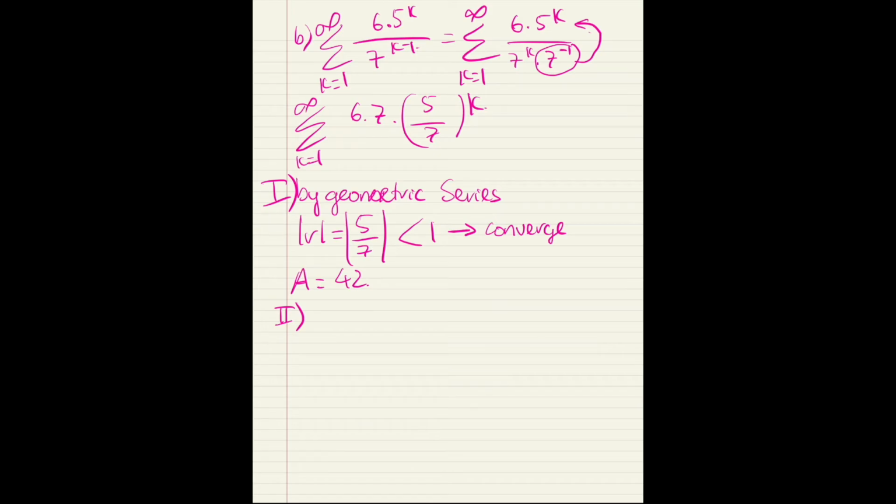The second question is finding the first term, which is a1 equal to 6 times 7 times 5/7.